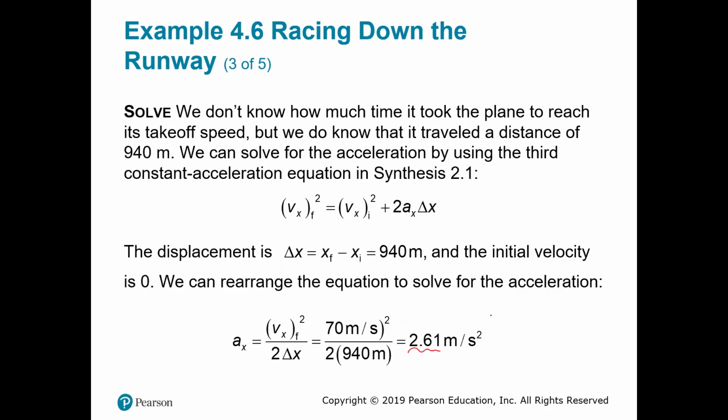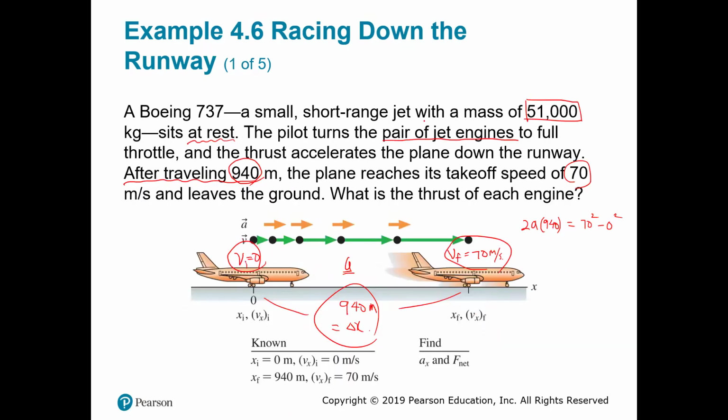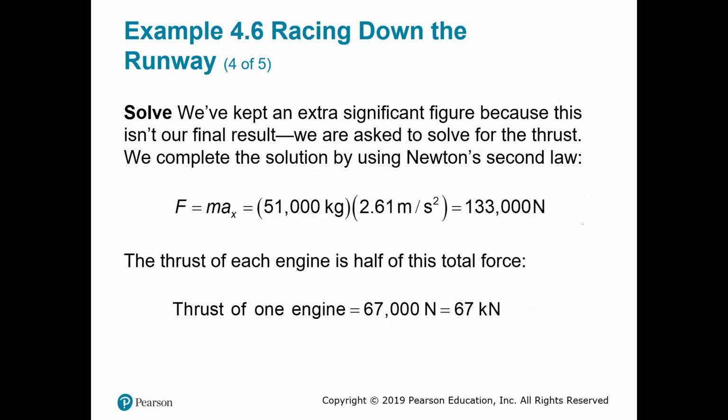So now, because you know the acceleration, right? Your net force is m times the acceleration, 2.6, you found here, right? So then you can find the net force, right? By the engines. And then because you have two engines, half of whatever you got for net F is powered by the thrust of each engine, right?